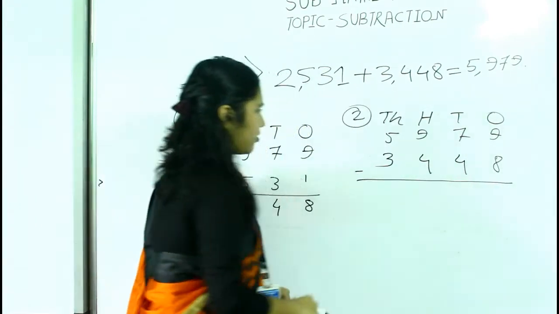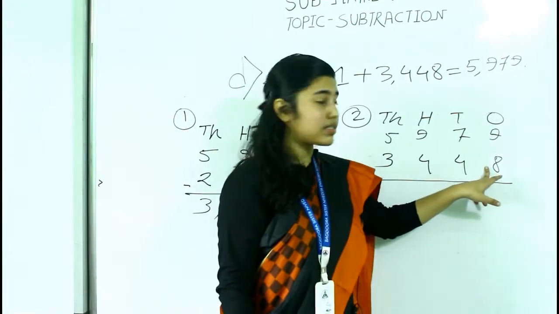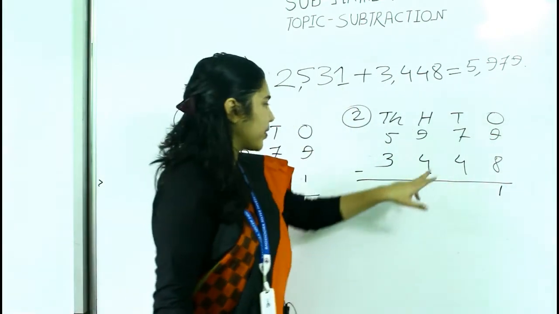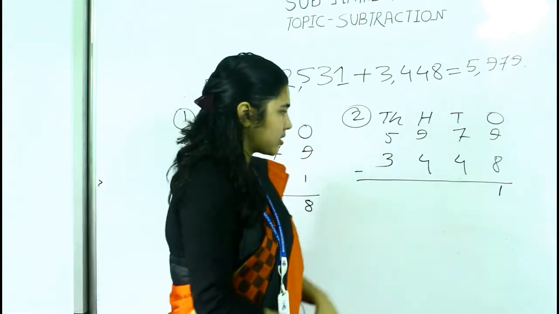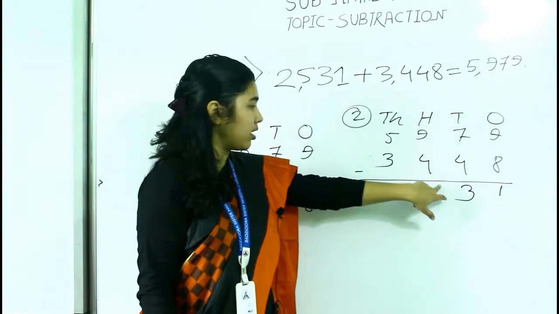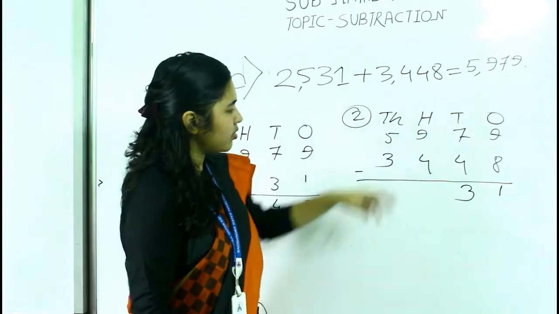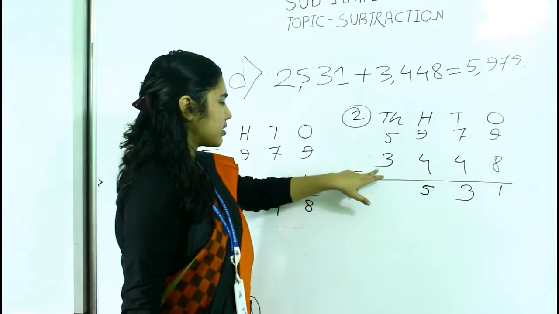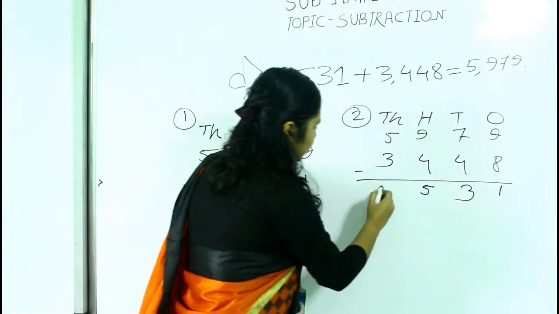Now subtract. 8 is less than 9. Subtract 8 from 9, which is 1. Next, 4 is less than 7. Again subtract 4 from 7, which is 3. Next, again 4. Subtract 4 from 9, which is 5. And next, subtract 3 from 5, which is 2.